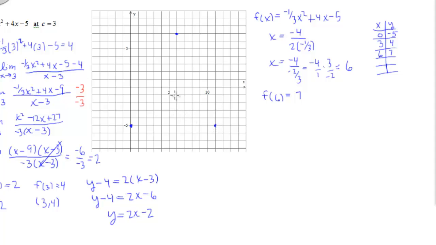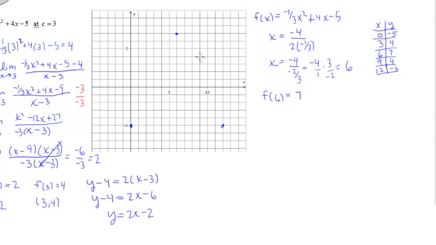So if this is over 6, then over 6 more to 12 will be down at negative 5. So that means that I know that there's a point at 12, negative 5, and I don't have to do the math of figuring that out because I can use the symmetry. And then at 9, there must also be a 4 because of the symmetry with the 3, 4.